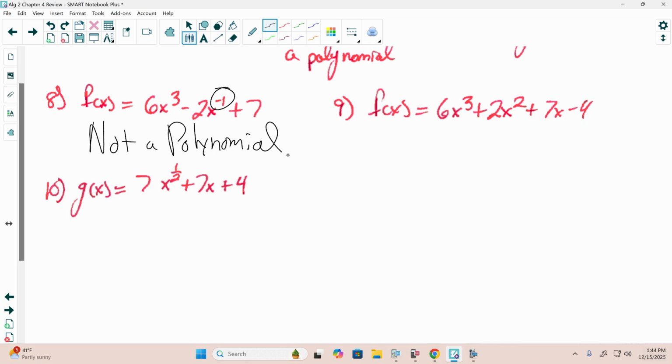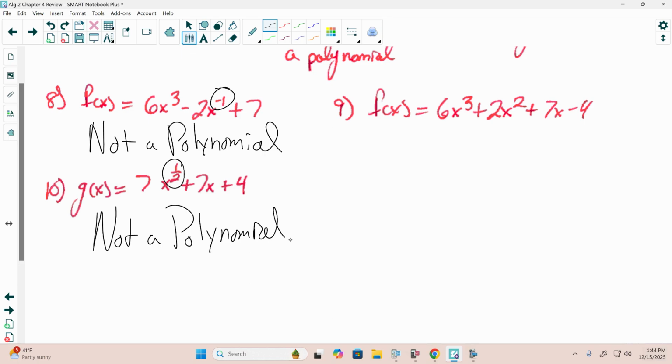Number 10, because we have x to the 1/2, this is not a polynomial. If it's not a polynomial, we just say not a polynomial.